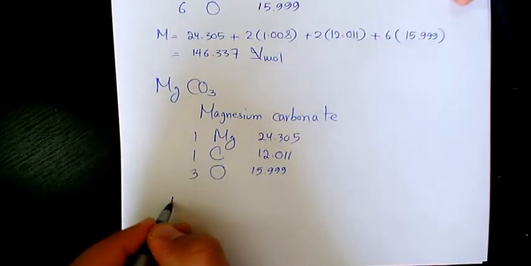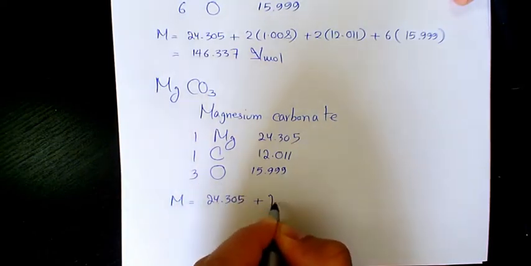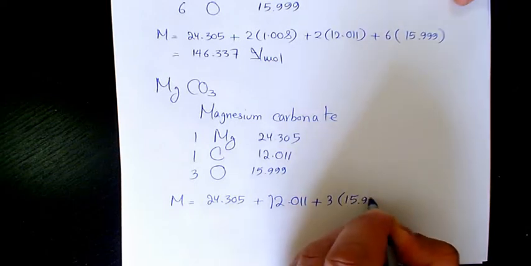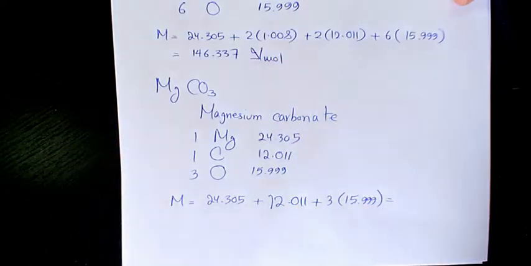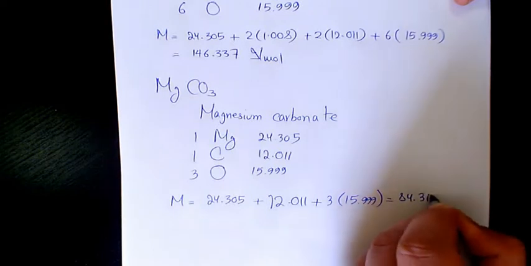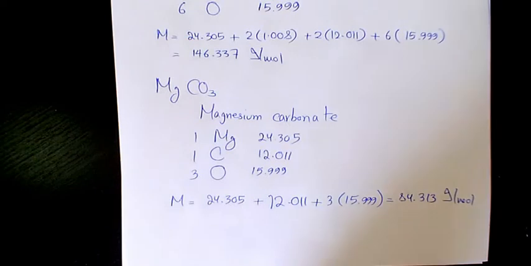So M is 24.305 plus 12.011 plus 3 times 15.999. That is 84.313 grams per mole. That's the molar mass of magnesium carbonate.